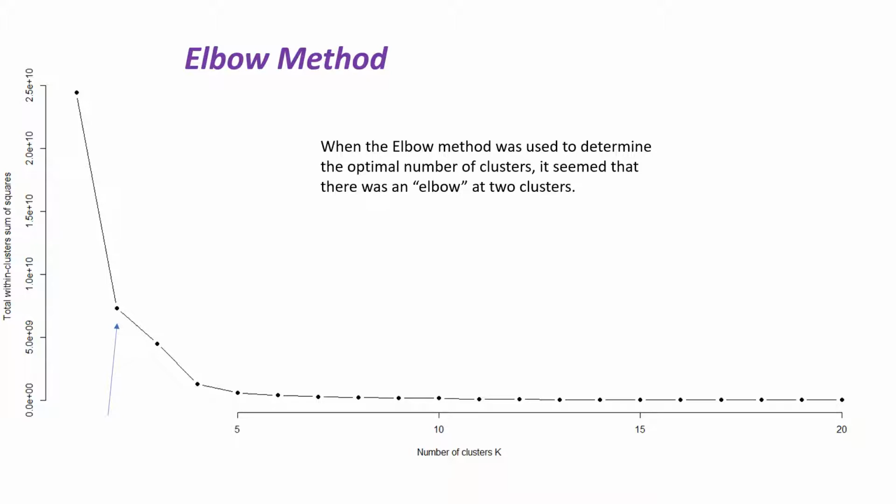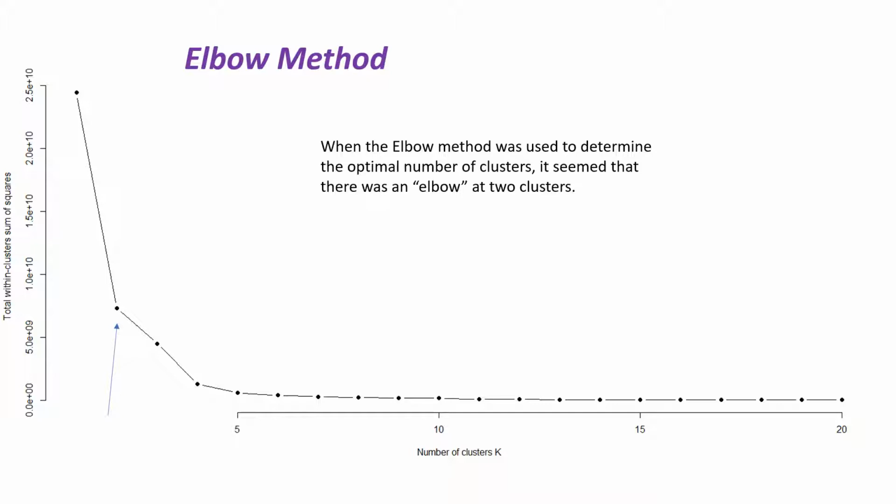So when we use the elbow method to determine the optimal number of clusters, it seems that there's an elbow at 2 clusters. As you see from this diagram, the total within clusters sum of squares drastically declines from 1 cluster to 2 clusters. And the decline is lesser as we proceed from 2 clusters to 3 clusters.